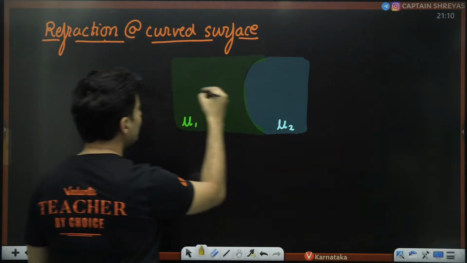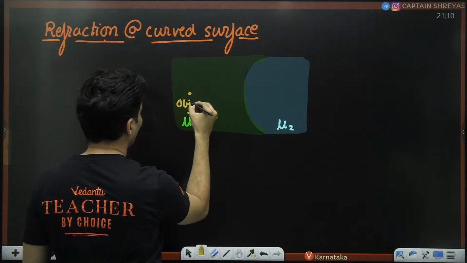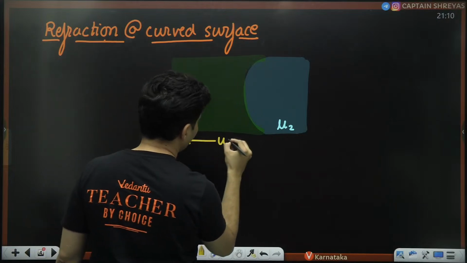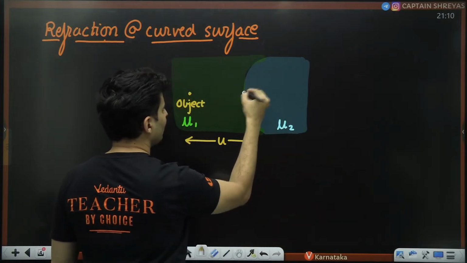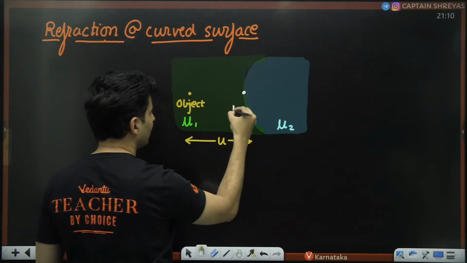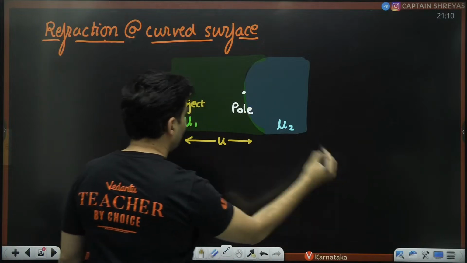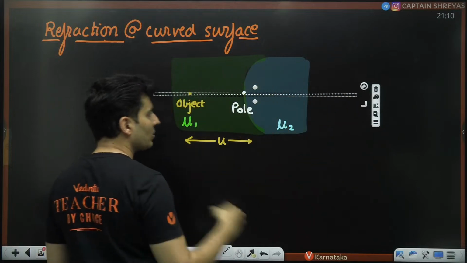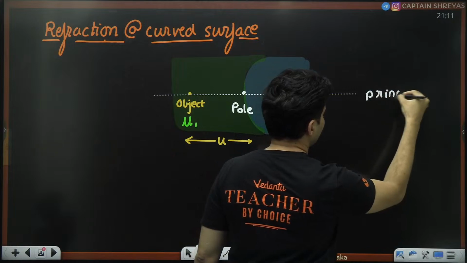Let's say the object has been placed over here. From here to here is basically the object distance, where the curved surface's center becomes your pole, and a line passing through the center and dividing the surface equally becomes your principal axis.